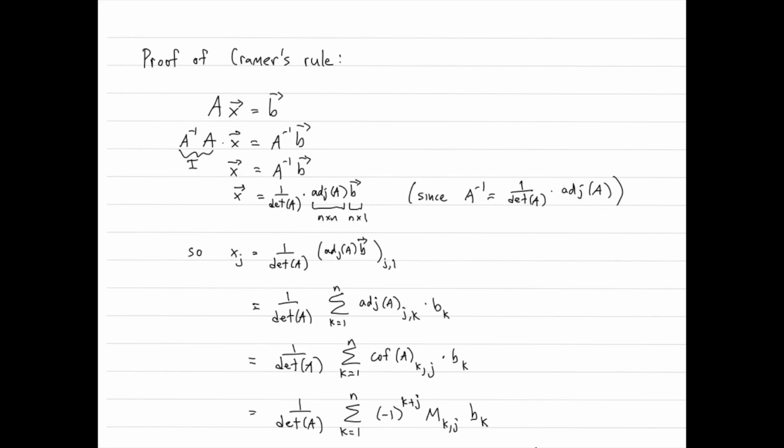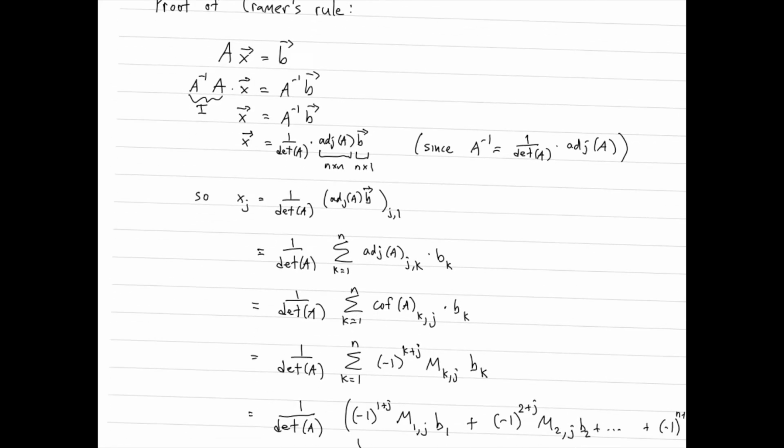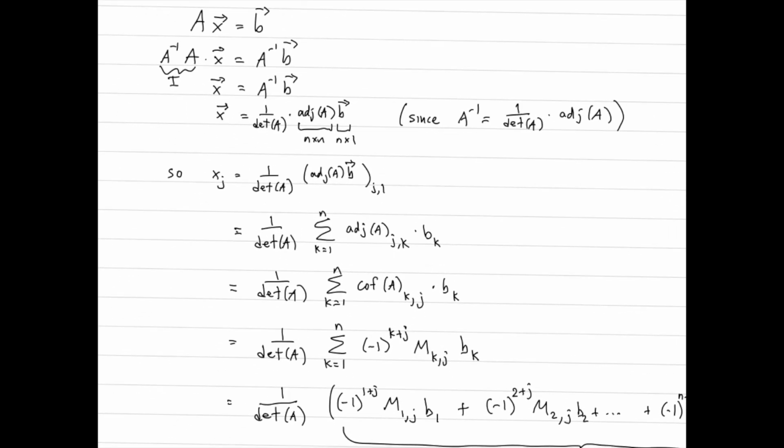Okay, then what we have next is that the cofactor is negative 1 to an appropriate power, given by adding the k and the j, times the determinant of the matrix you form by taking the matrix A and deleting row k and column j.